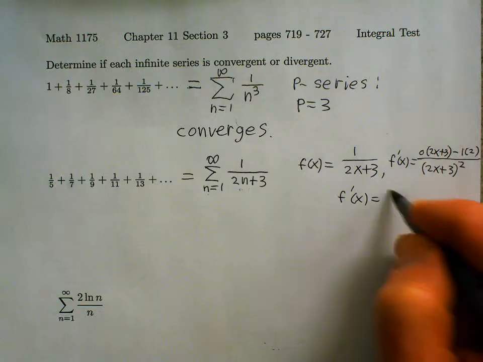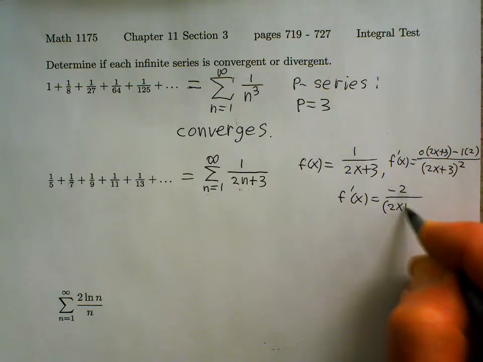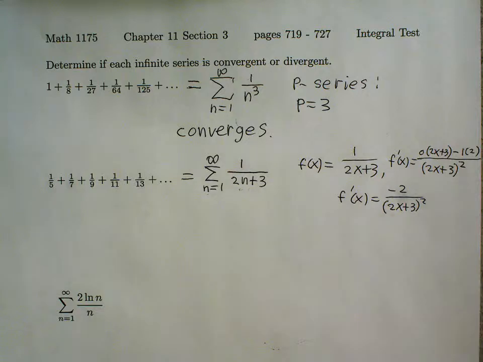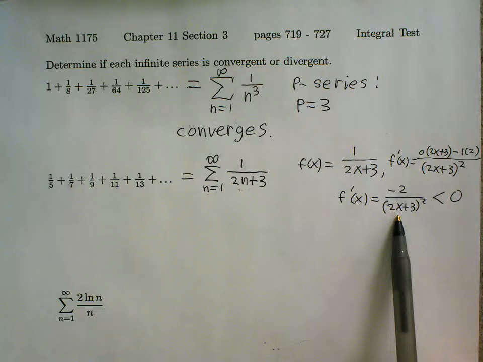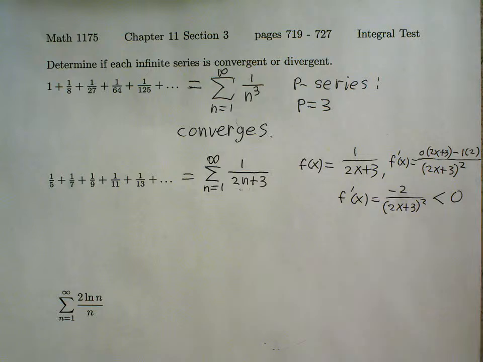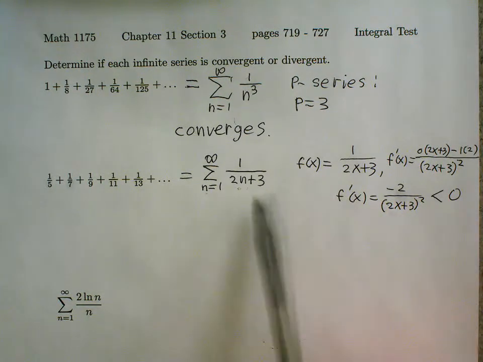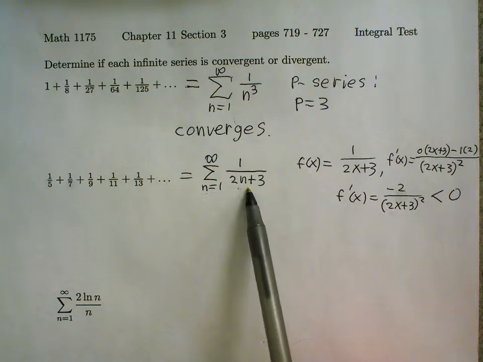We have -2 in the numerator, and the denominator is 2x plus 3 squared. And this derivative is clearly negative for all values of x greater than or equal to 1. So that means the function f of x is decreasing. That means we can use the integral test to determine if this series converges or diverges.